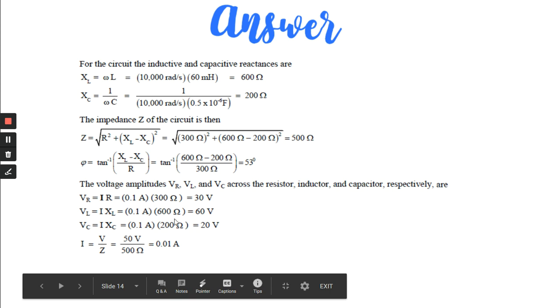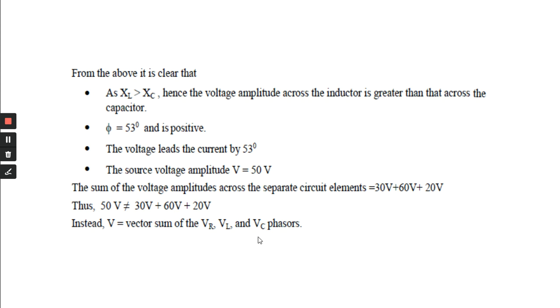So this is about the voltage across the resistor, the inductor and the capacitor, the current, and this is the phase angle. As I have told you, your phase angle is positive because XL is greater than XC. And what is the source voltage? Already I have told you, you cannot just add the voltages because they are not in phase.